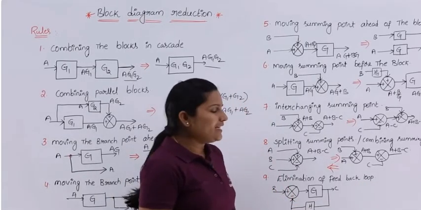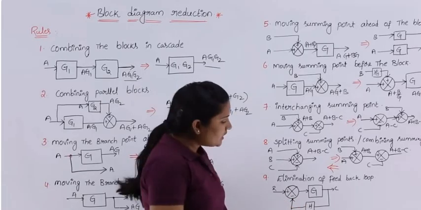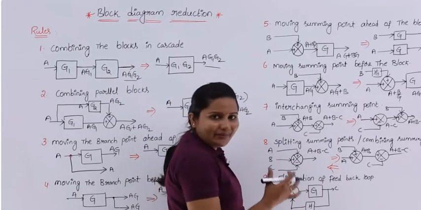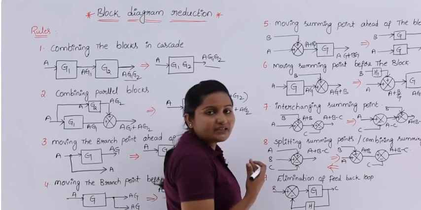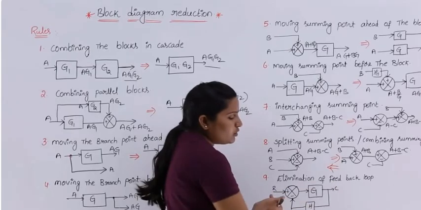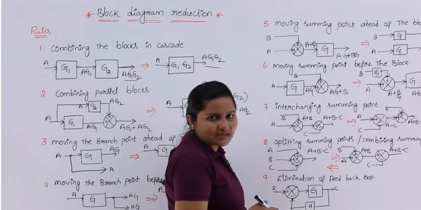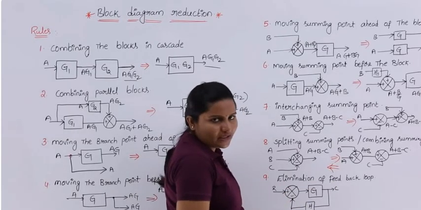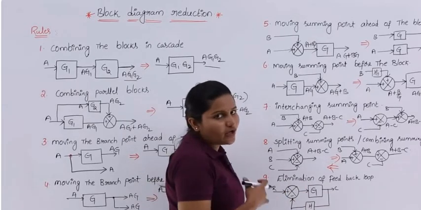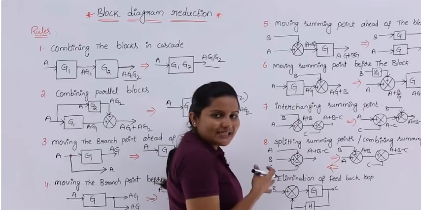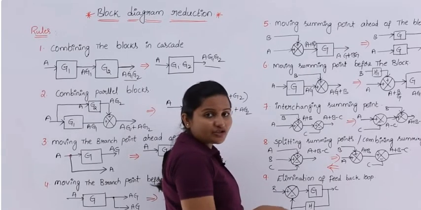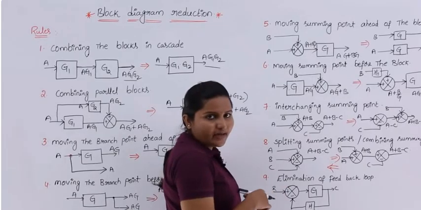So how can we eliminate the feedback loop? If you have any feedback loop, then we can eliminate that feedback loop with feedback gain. This is negative feedback. You know the gain of a negative feedback system. What is C of S by R of S? We already derived it in the initial classes of control systems. What is the transfer function of that negative feedback loop?